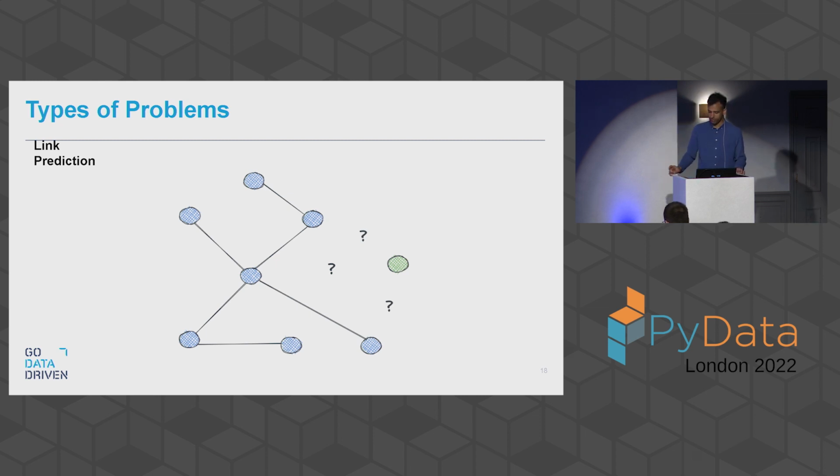This type of prediction is a bit trickier and has added complexities that you don't have in the node prediction case. One challenge is that, as you can imagine, in a really large graph with lots of nodes, most things don't have a relationship. There are very few actual connections, which means if you just predict no relationship for everything, you get a good accuracy. That bias is problematic.